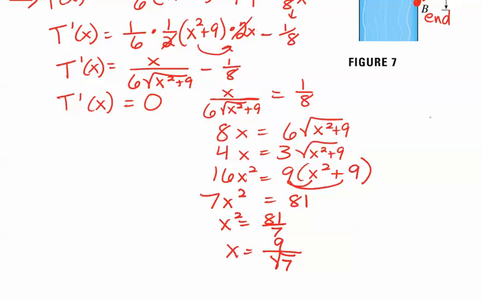Remember what x is? X is the distance from C where he landed the boat. So if he rows and runs, remember that 8 minus x was the distance he was running. Okay, so this is our only critical number.